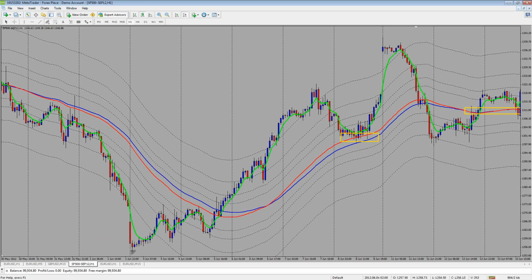So, for example, you can look at it as a channel, and once this channel is breached, and the 5 moving average now serves as support for the price, this area could be a good area to start taking long. We have a clear crossing of this resistance area.